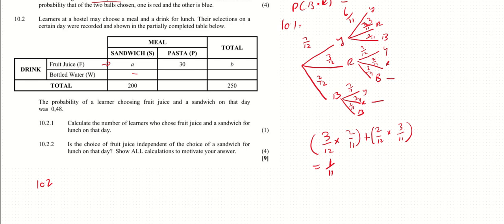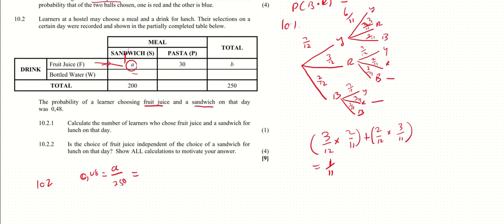Probably that a learner chose fruit and sandwich. So let's check where there's fruit and sandwich. This is fruits, this is sandwich, so here it's A. On that day the probability was 0.48, which equals A over 250. We want to know the number of learners who chose juice and sandwich that day.